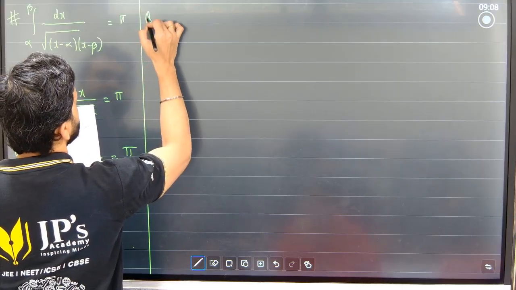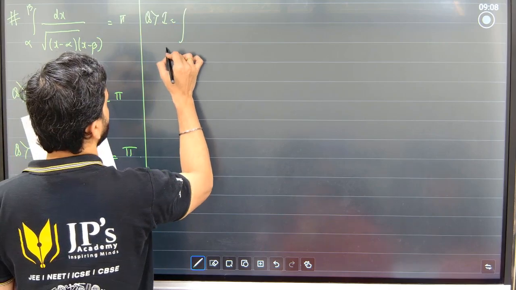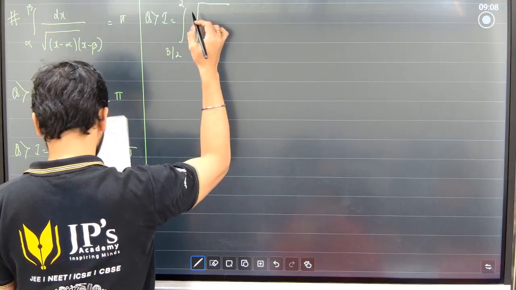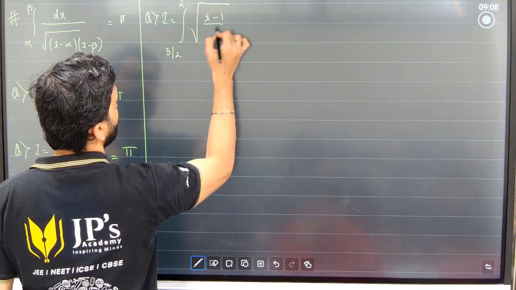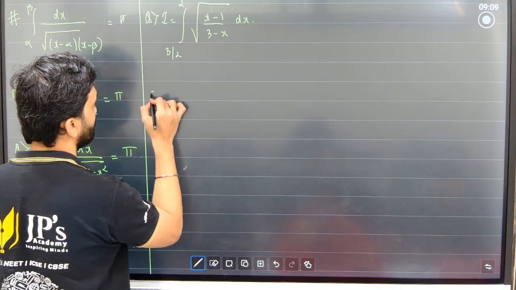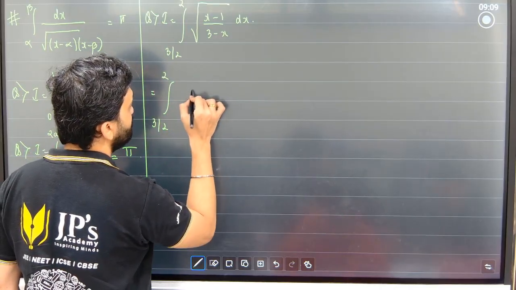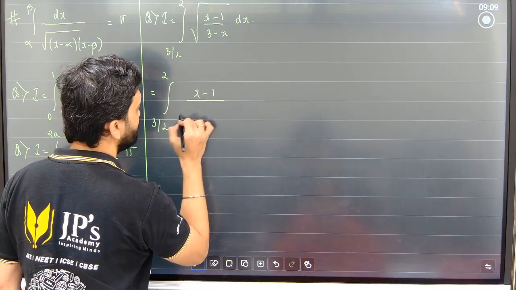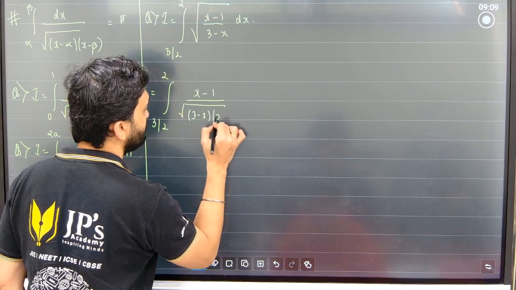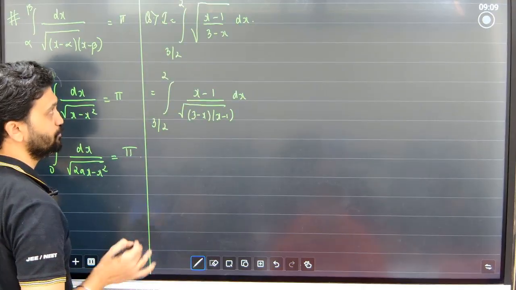Now let's do a type that we have already done before. Say for example, my question is I is equal to integration 3 by 2 to 2 under root of x minus 1 upon 3 minus x dx. What I am supposed to do is multiply and divide by x minus 1, and my numerator will become x minus 1 the whole square. It vanishes.